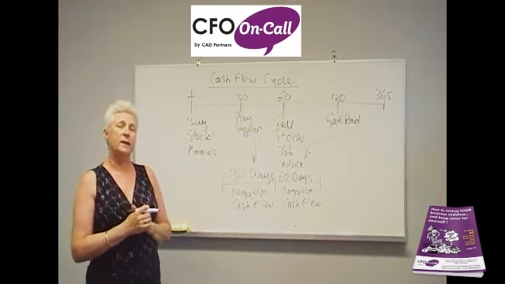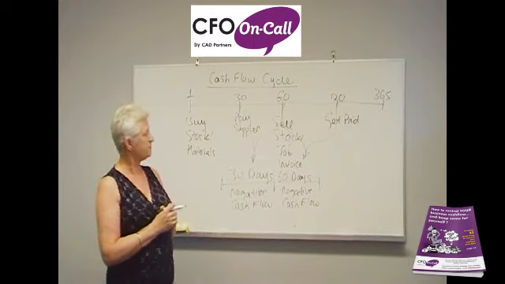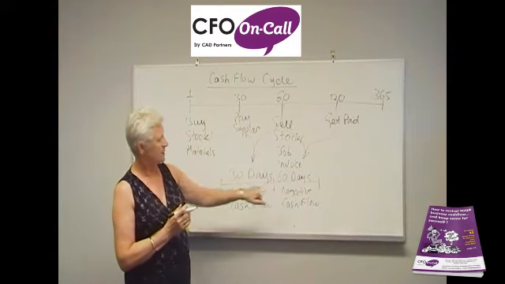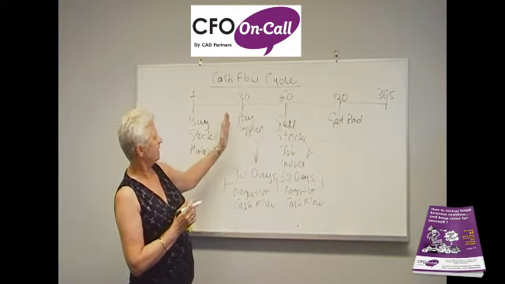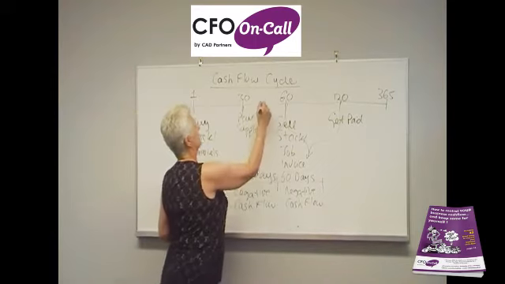So apart from borrowing it, there are quite a few other things you can do to improve this situation. What you want to do is minimise this 90-day period. The way you can do that is by extending the terms with your suppliers.